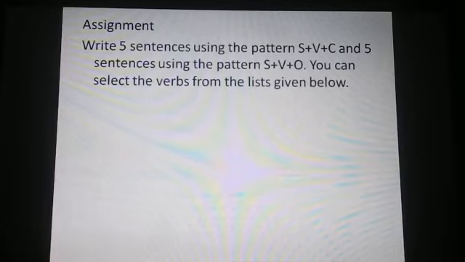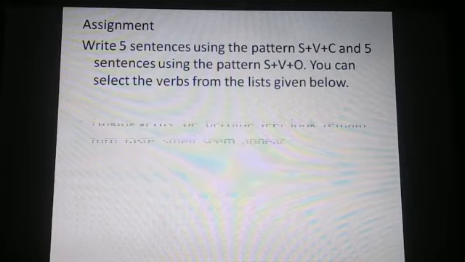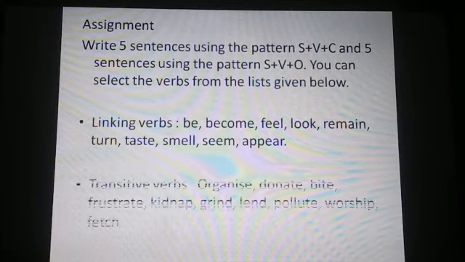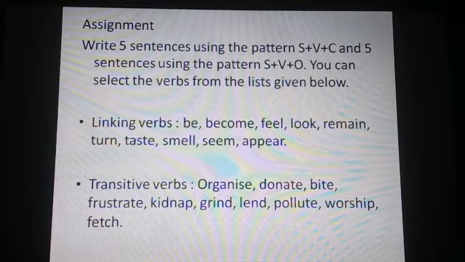Now, the assignment for the day. Write 5 sentences using the pattern subject-verb-complement and 5 sentences using the pattern subject-verb-object. You can select the verbs from the lists given below. I have given some linking verbs and some transitive verbs.